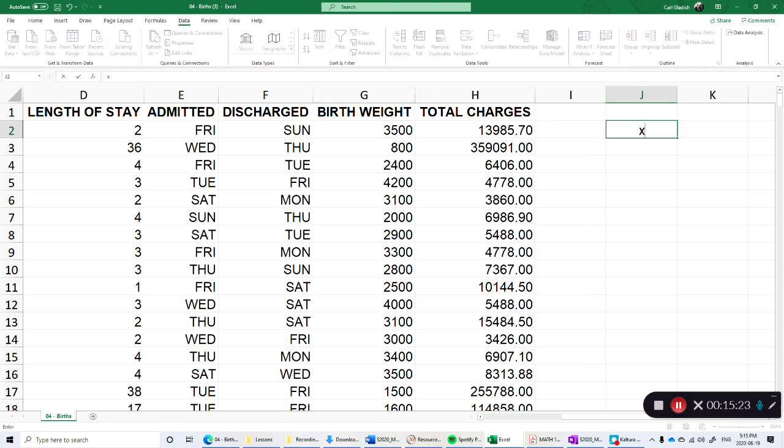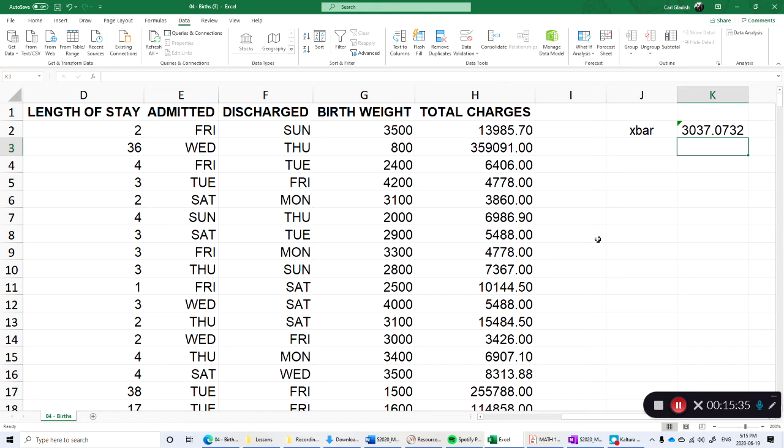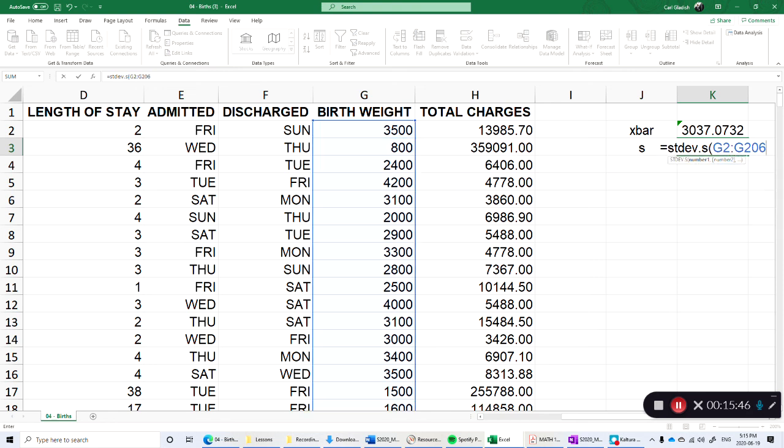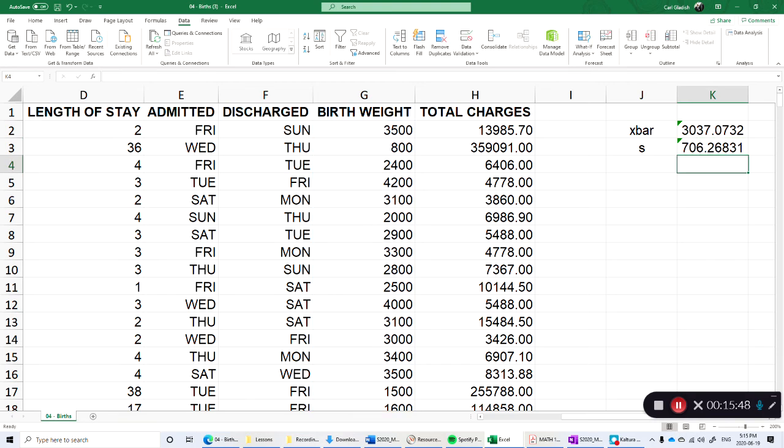So let's say the X bar value is going to be average of G2 up to G206, right? And the S, the sample standard deviation, is stdev.s of G2 to G206. Those are my sample statistics.